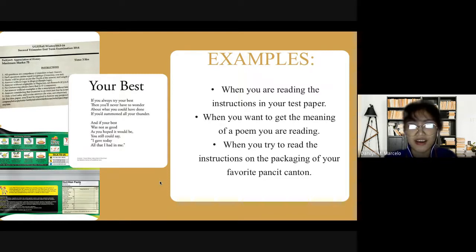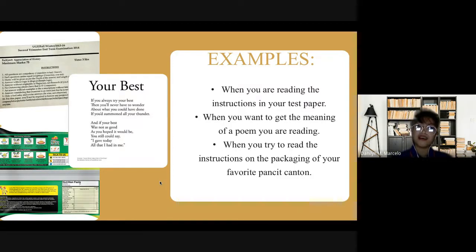That's when you are intensive reading. You are not skipping words. You are reading it word by word because you are understanding the literal meaning of the text. And the third example is when you read the instructions on the packaging of your favorite pancit canton.